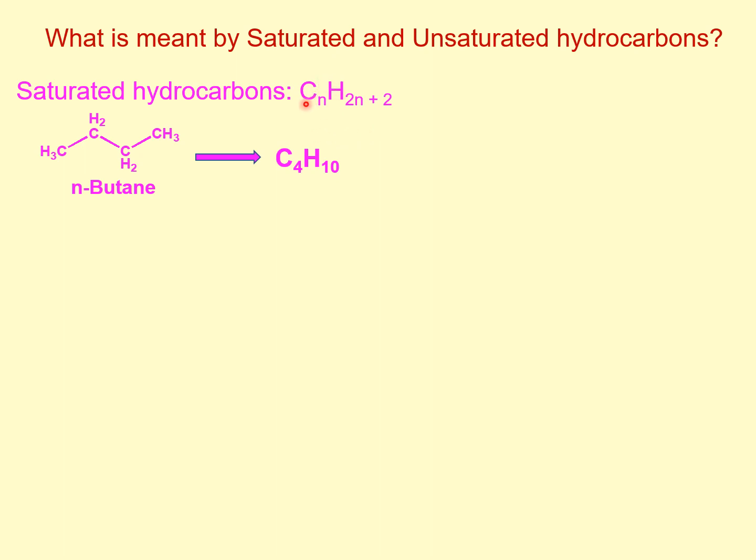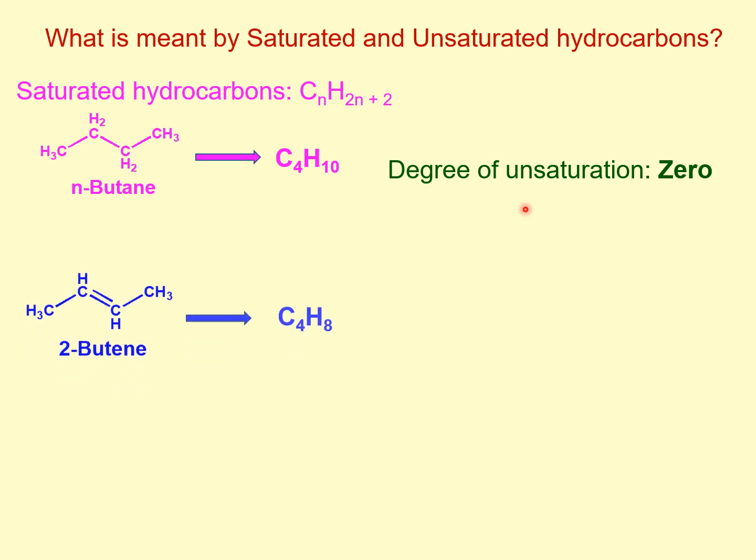You can generate a library of different alkanes by substituting different values for n. As the valency of carbon is 4, you cannot add more hydrogen in this formula. So the degree of unsaturation is 0 for n-butane.